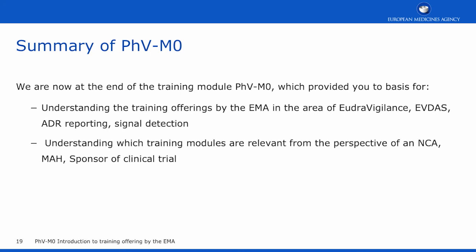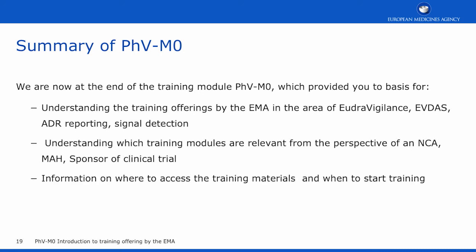You would now understand what are the training modules which are relevant from the stakeholder perspective of an NCA, MAH, and sponsor of clinical trial, as well as the recommended and suggested courses for each stakeholder group. And you would now know where to access the training materials, as well as when to start your training preparations.